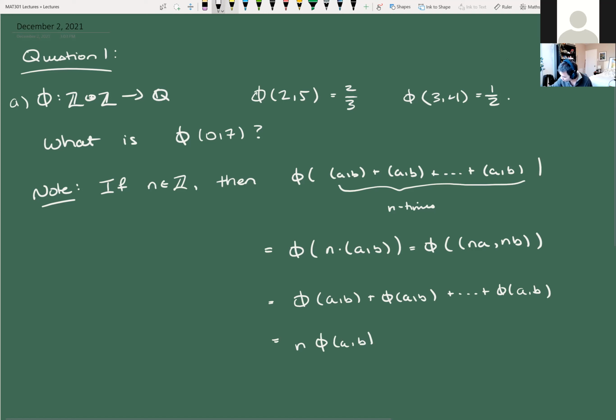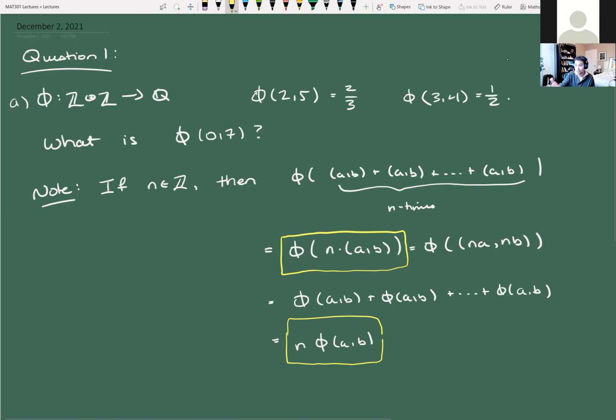If I look at this thing here, it does almost look like linearity, the scalar part. I can pull that scalar multiple out. Again, that scalar can't be any real number like we would normally think about in linear algebra, but it looks as though I can take that integer out of the equation.